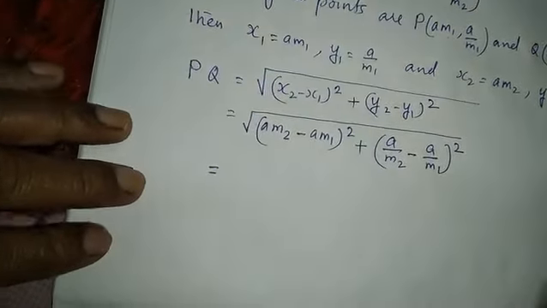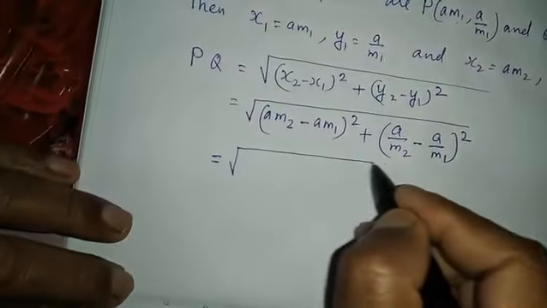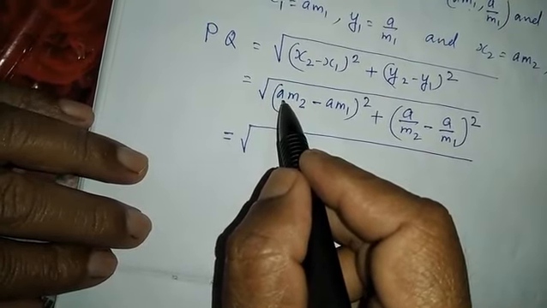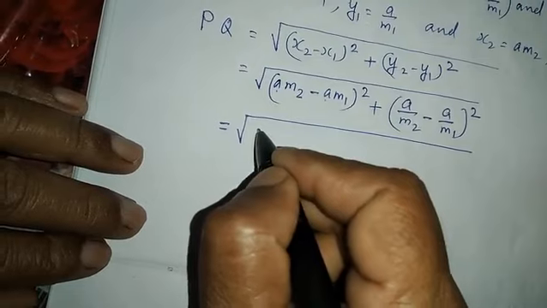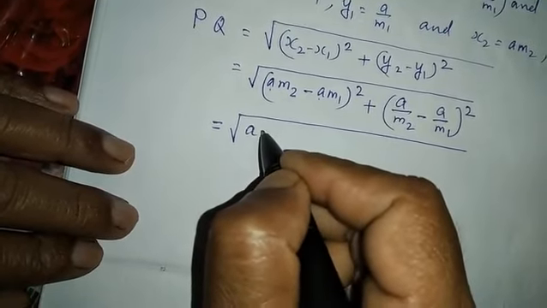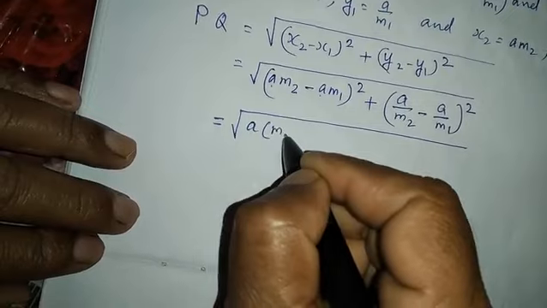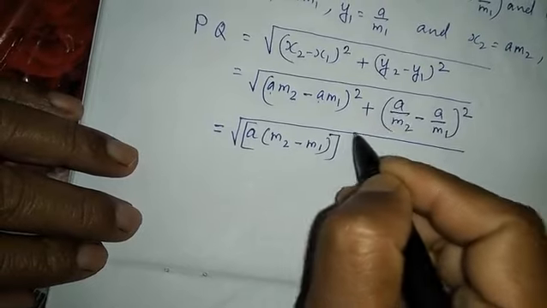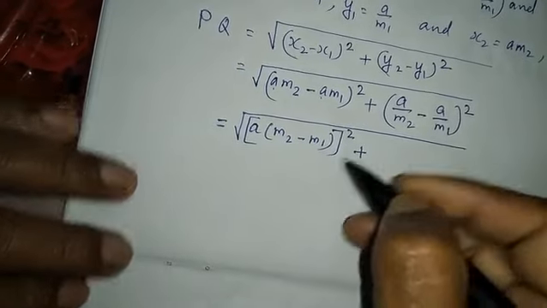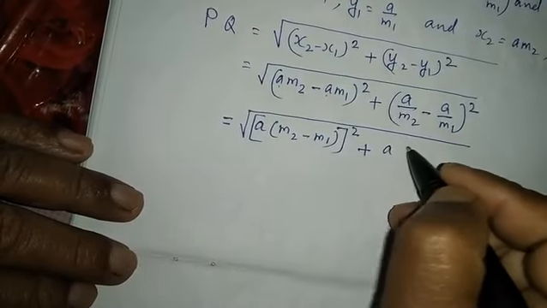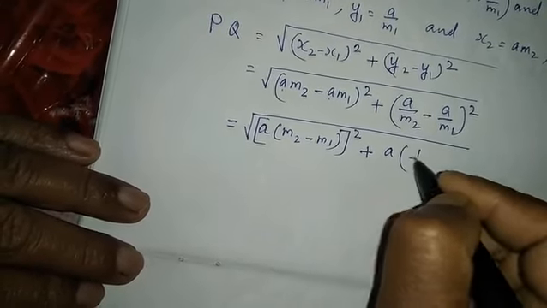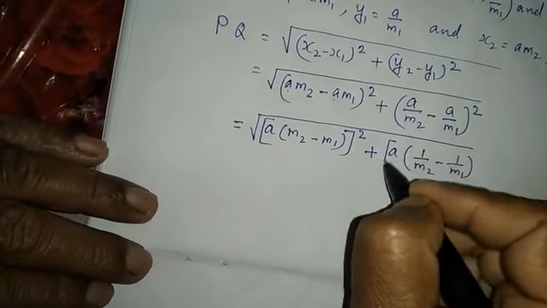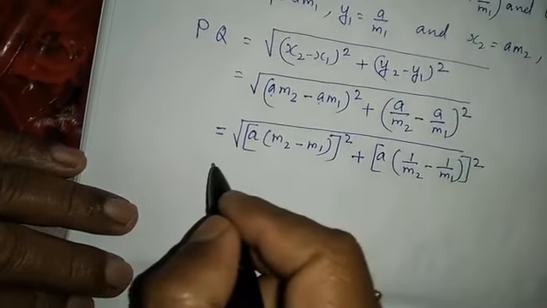That is equal to square root of, there we can see a is common, so that a can be taken outside. a into (m2 minus m1) all things square plus, there also a is common, so remains (1/m2 minus 1/m1) all things square.